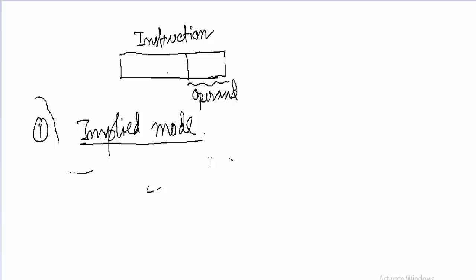If the operand is present in the definition of the opcode, then it is called implied mode. When we see the opcode we can understand the operand from the opcode.